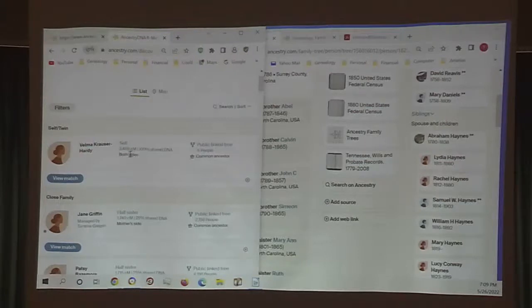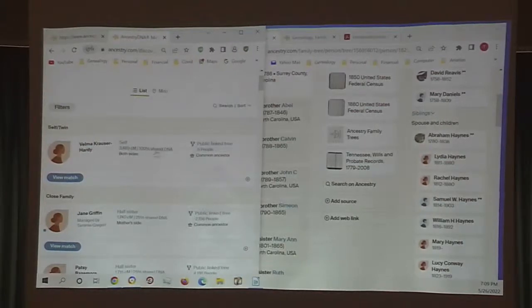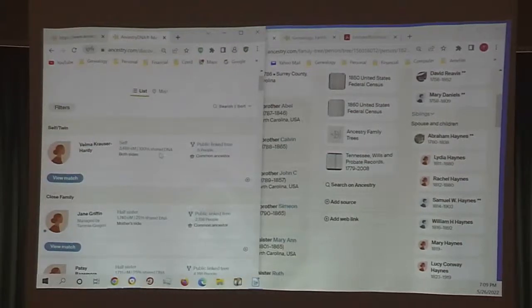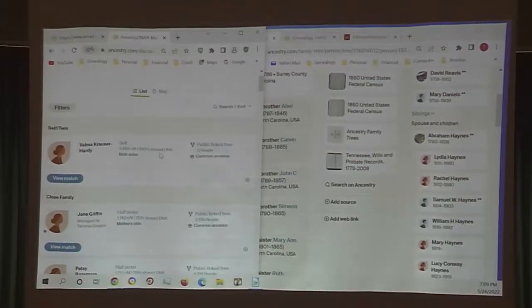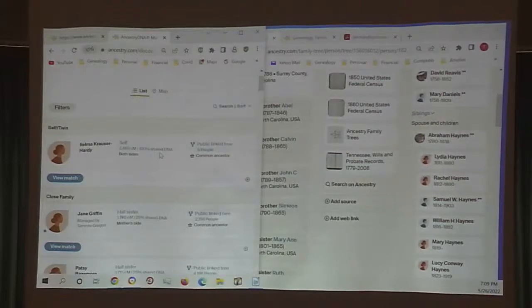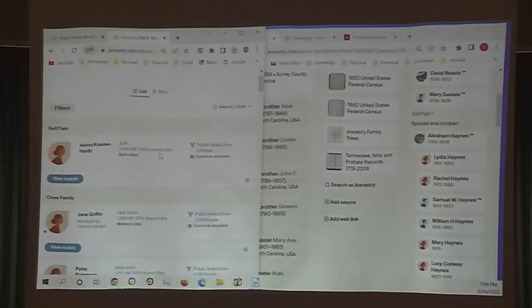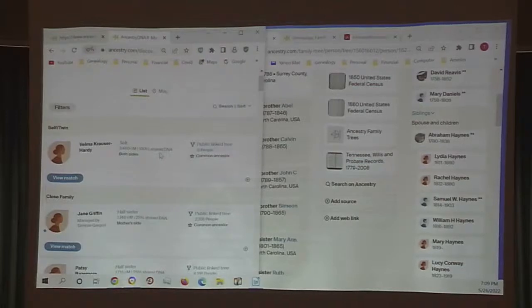We'll talk about what that is in a minute, and 100% shared DNA. So that's like the Velma is the other Velma's identical twin. Okay, so she's got a match to herself, but Ancestry treats it like she's the identical twin. Okay, and she's 100% match, right?